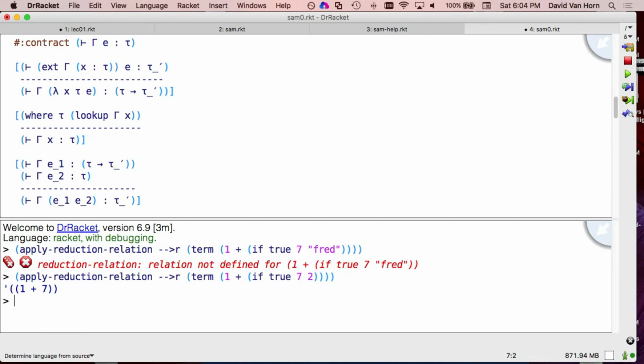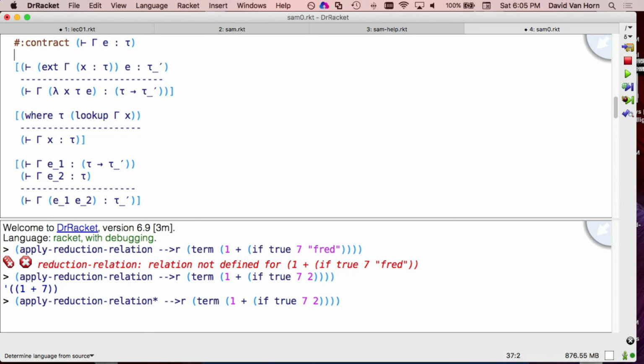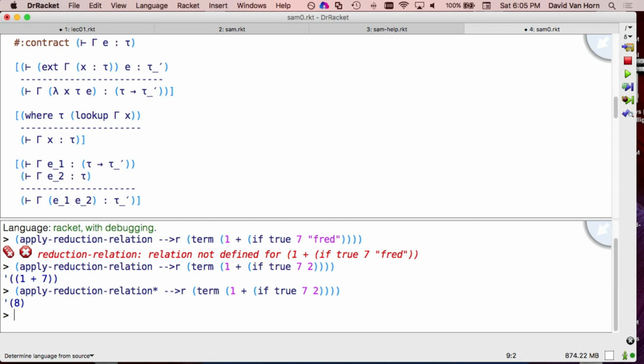Okay, there is a variant of apply reduction relation that will iterate it. So what this gives us back is the list of things that you can get to that are irreducible. Okay? So it gives you back the sort of final answers here.